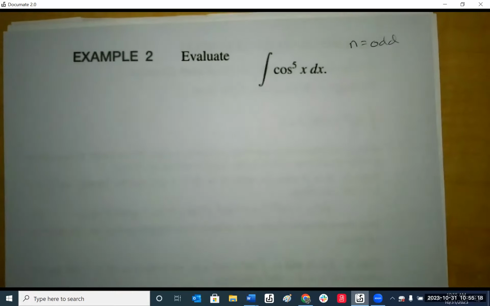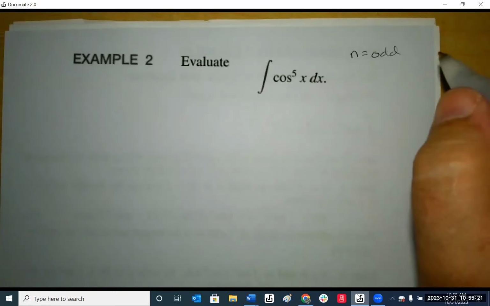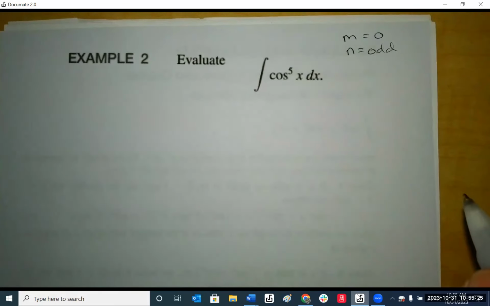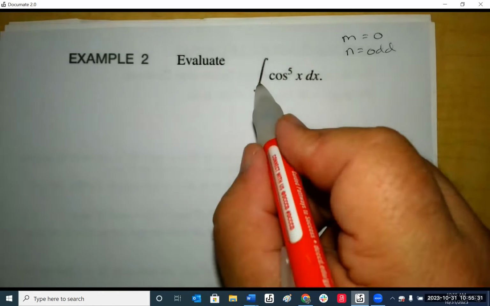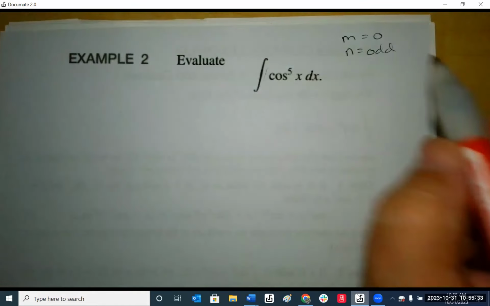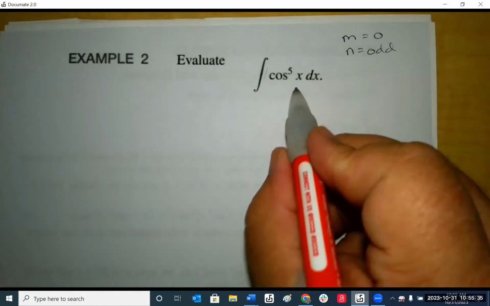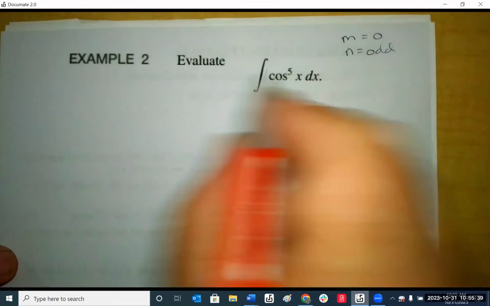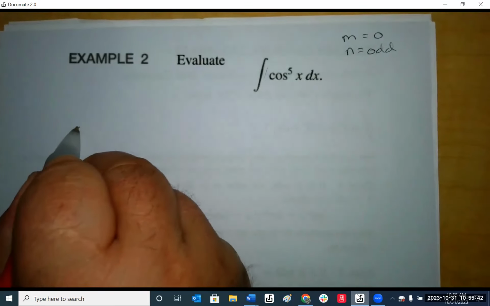Notice there's no sine, so the m is 0. Remember, the exponents m and n can be anything greater than or equal to 0. So sine to the 0 is 1. So all we have here is n is our odd exponent, so we could break that one down.